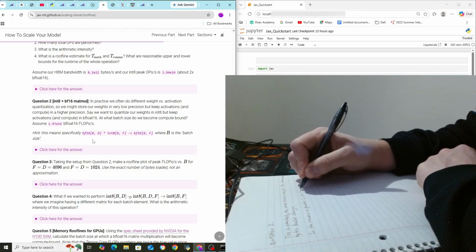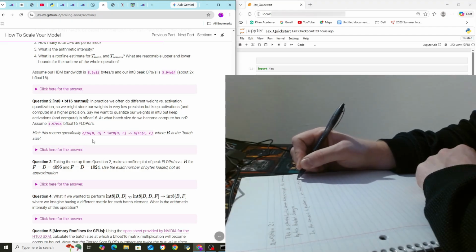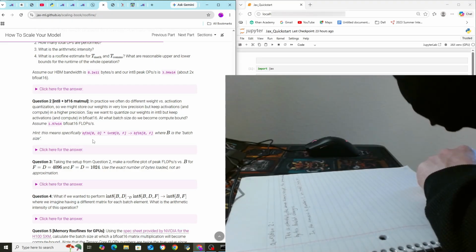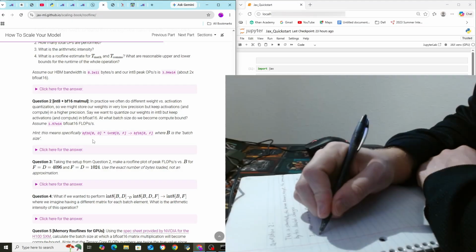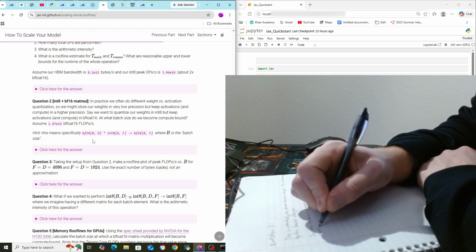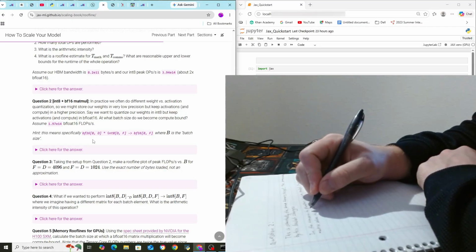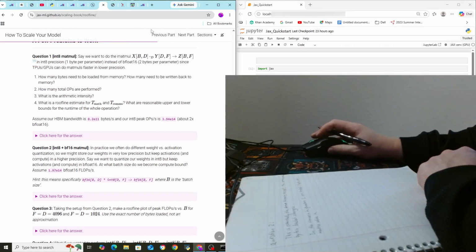In the scenario in question 1, we loaded 1 byte per matrix value in, what were the matrices called here?